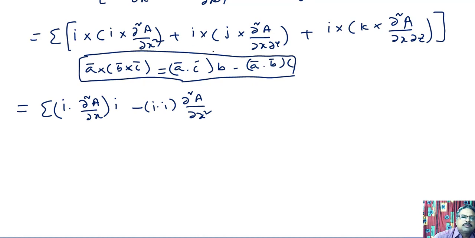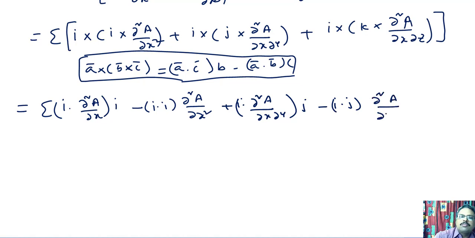For the second term, A, B, C: first i dot dou square A by dou x dou y into j, minus i dot j into dou square A by dou x dou y.